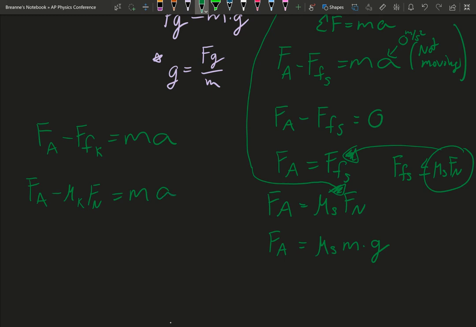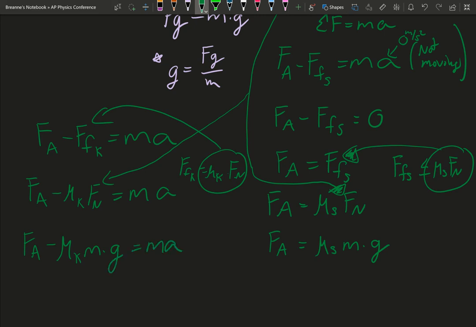Again, our force of friction kinetic equals mu, almost looks like an M, hold on, mu times normal force. So that gets plugged into there. Our normal force is the same. So we get our force applied equals mu kinetic times mass times gravity equals ma.